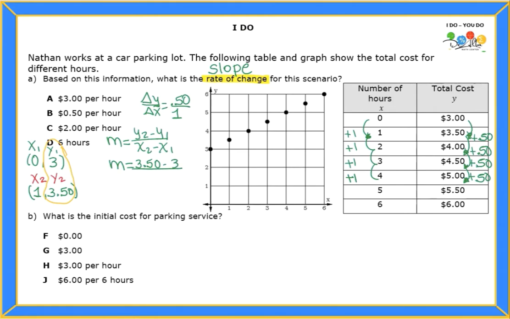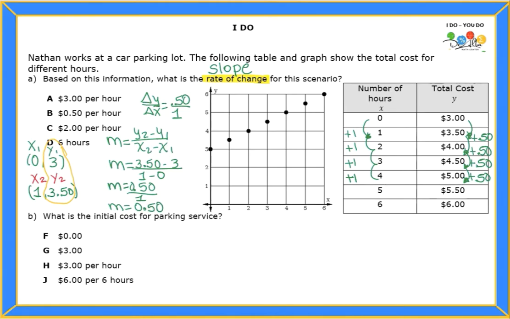On the denominator, I'm going to write down 1 minus 0. And I will get 0.50 over 1. And if you input that in the calculator, you will get just 0.50.